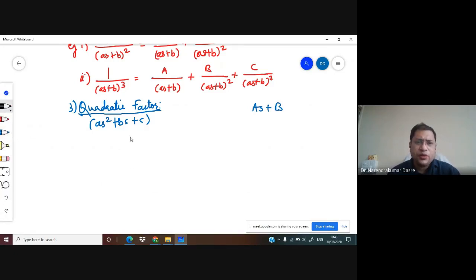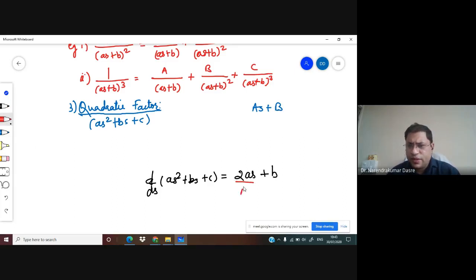Actually, the numerator is the general derivative of the factor. If I consider d by ds of as square plus bs plus c, then this is equal to 2as plus b. Here this term is written as as and this term is written as b.